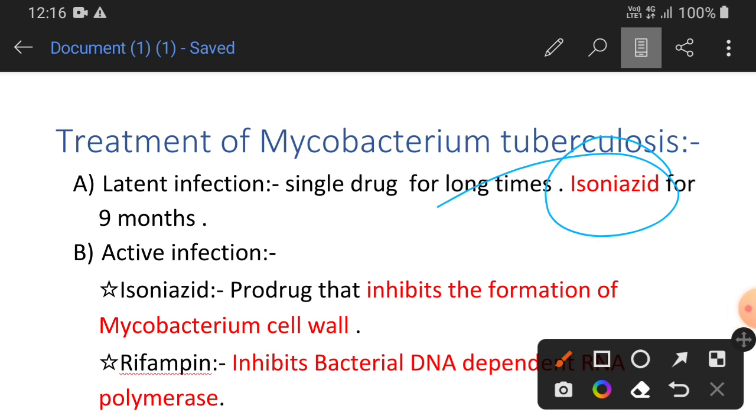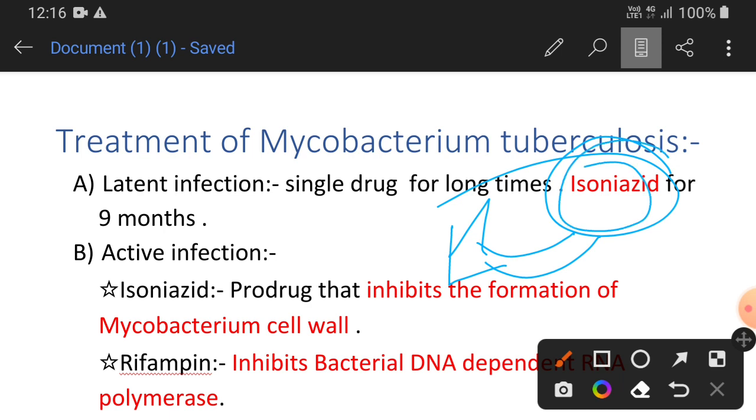You cannot use Isoniazid against Bacillus anthracis or any other kind of bacteria as a cell wall synthesis inhibitor. Why?